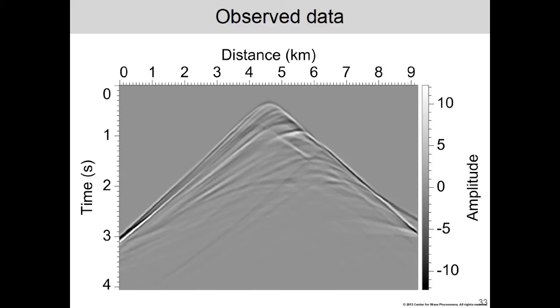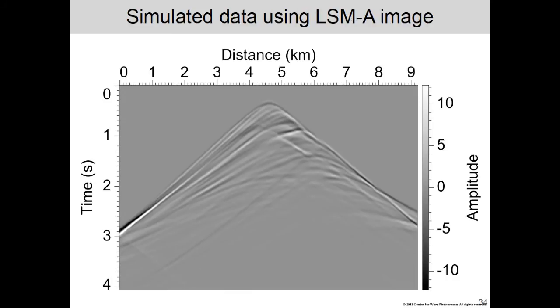Again, these are the observed data computed using the true background slowness and the true reflectivity. And these are the simulated data computed using the incorrect background slowness and the reflectivity computed using LSMA. What you'll notice is that the simulated data and the observed data more or less look like shifted versions of each other.